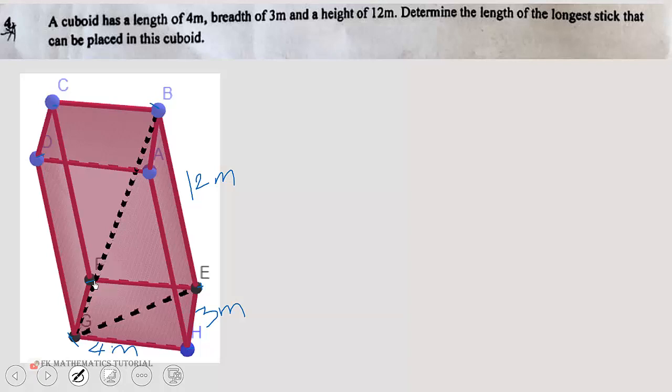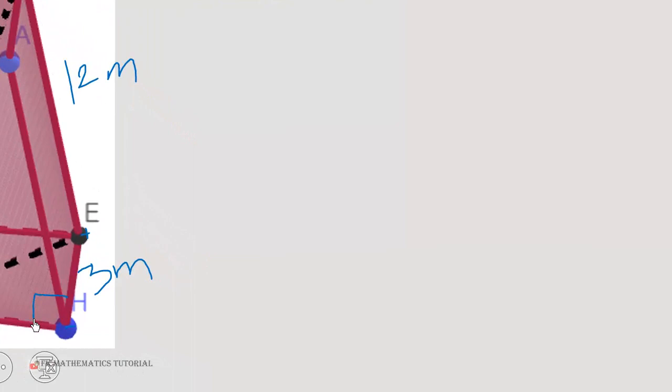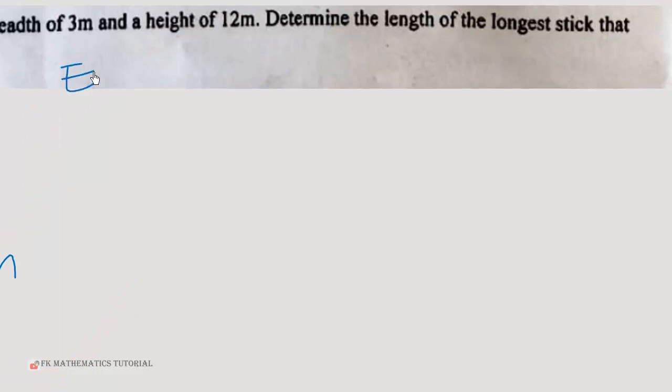Now if you look at triangle GHE, we have a right angle here. So from that triangle, we know that EG squared, which is the hypotenuse of that right angle triangle, will be equal to 4 squared plus 3 squared.